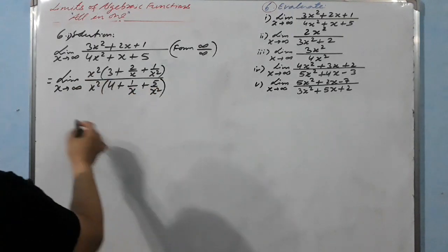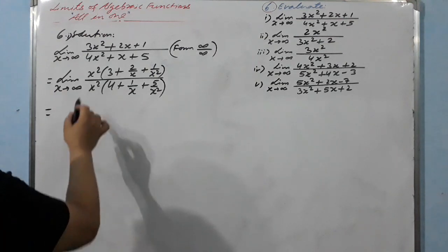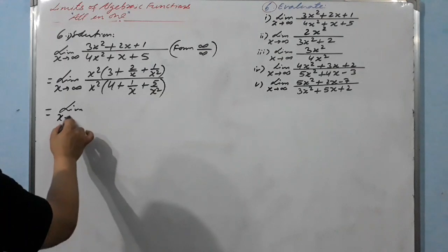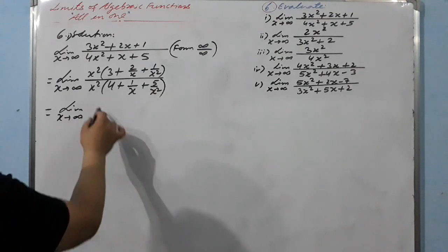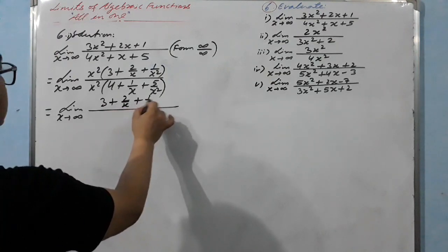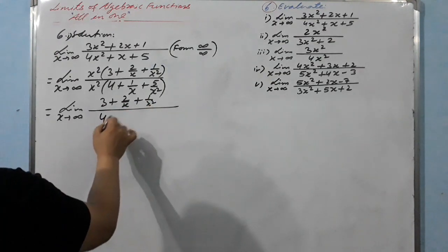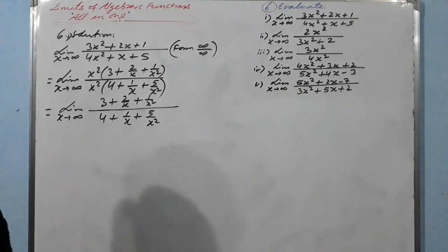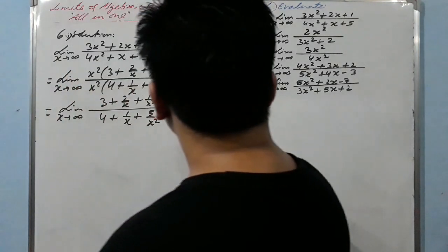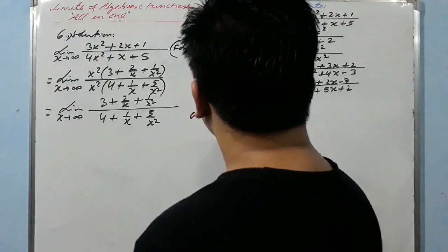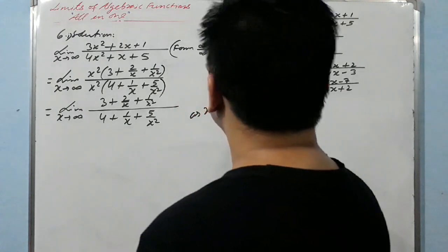The x square cancels. So we get the limit as x tends to infinity of 3 plus 2 upon x plus 1 upon x square over 4 plus 1 upon x plus 5 upon x square. As I told you, as x tends to infinity, a upon x tends to 0.